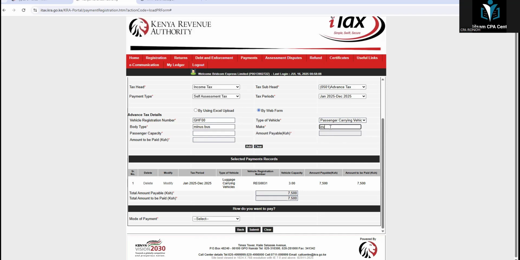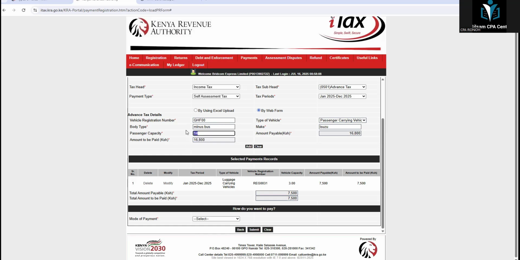Isuzu is the only one I can remember, but I know there are so many makers. And then the passenger capacity, let's say 14. For 14, you can see, if you divide this 16,800 by 14, it is 1,200 per passenger.